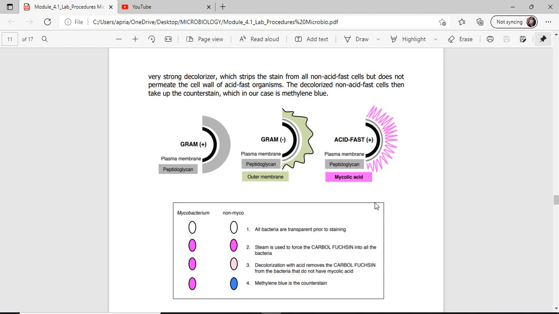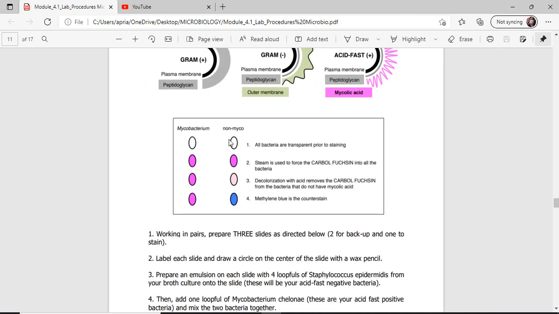So, acid-fast is the opposite of your gram stain. If you're talking about acid-fast positive, you are looking at a red microorganism, and if you're talking about non-acid-fast, they are color blue. You have here mycobacterium, transparent prior to staining.